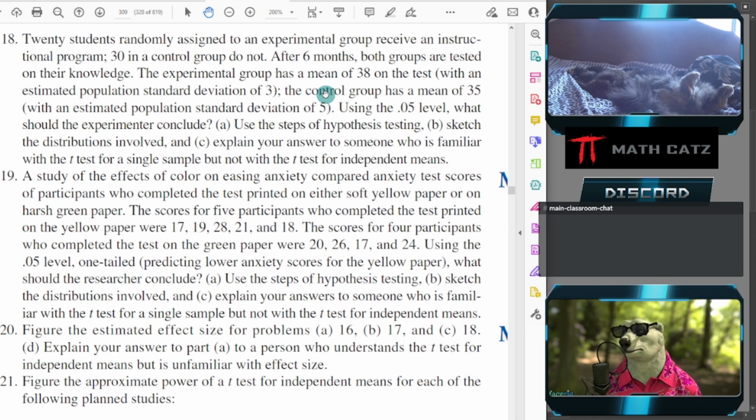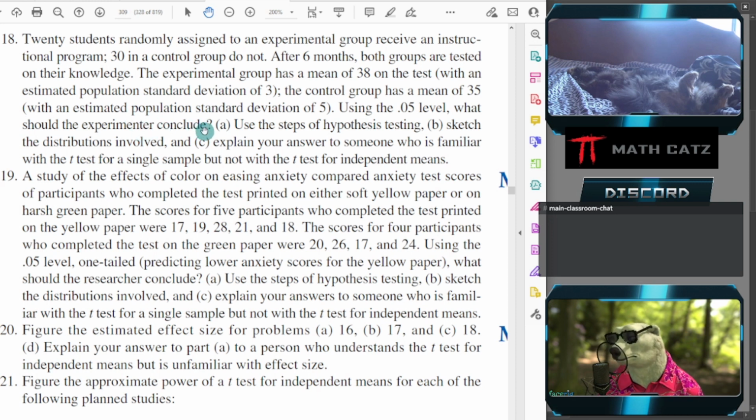Control group, who didn't receive the instructional program, has a mean of 35, estimated standard deviation of 5. I want to use the 5% level to see if the program improved the test results.